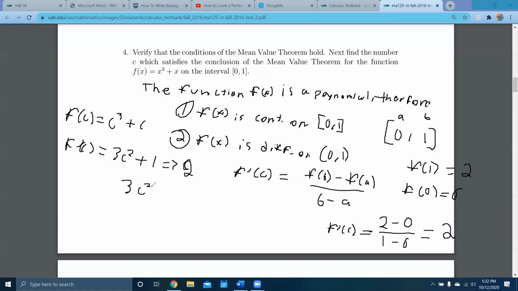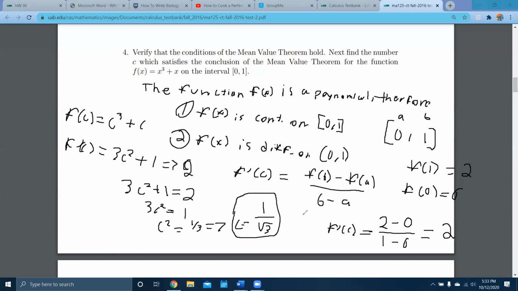So 3c squared plus 1 equals 2. 3c squared equals 1. c squared equals 1/3, which means that c is equal to 1 over the square root of 3. So c equals 1 over square root of 3. And this is the value of c that satisfies the conclusion of the mean value theorem.